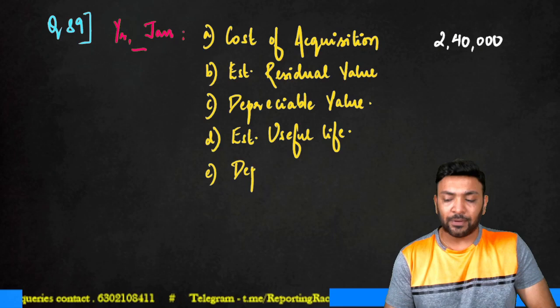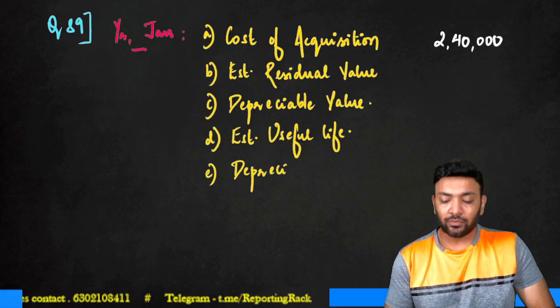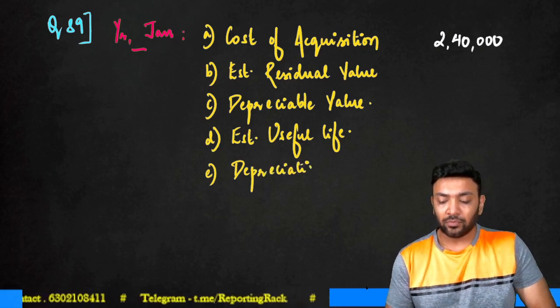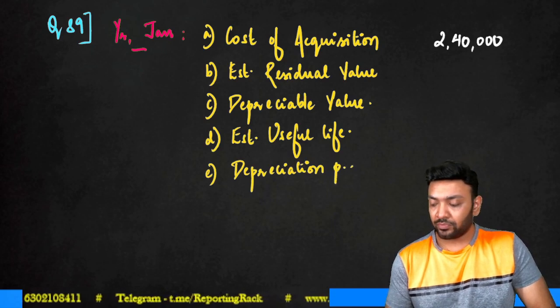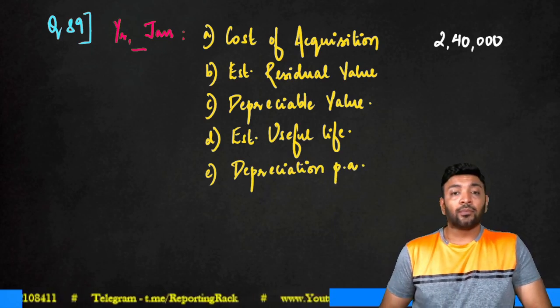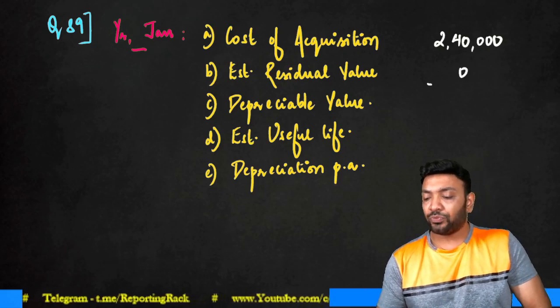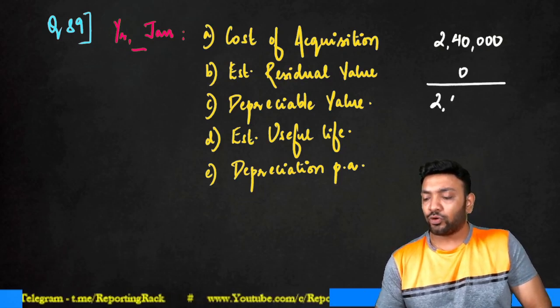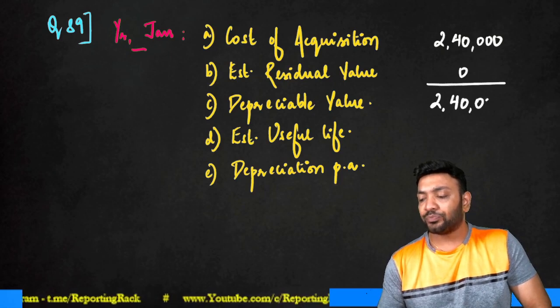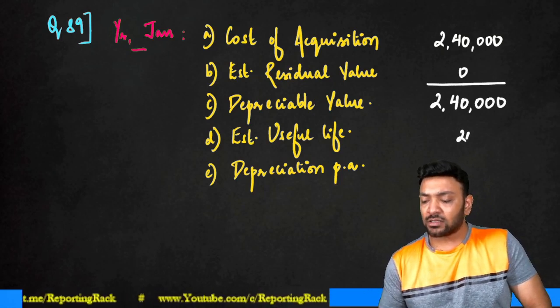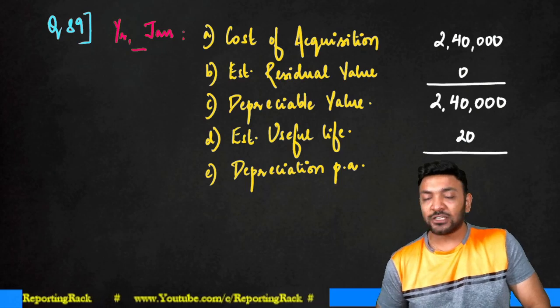What is the depreciation parameter? Write down the numbers: residual value 0, depreciable amount 2,40,000, 20 years. Sorry guys, did I say 2,000 rupees of depreciation?